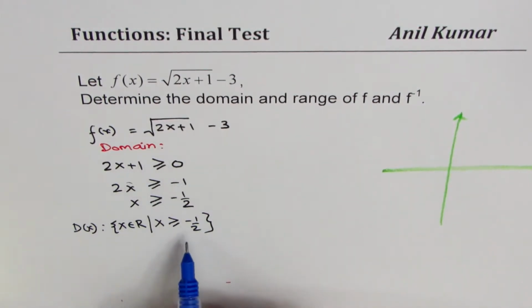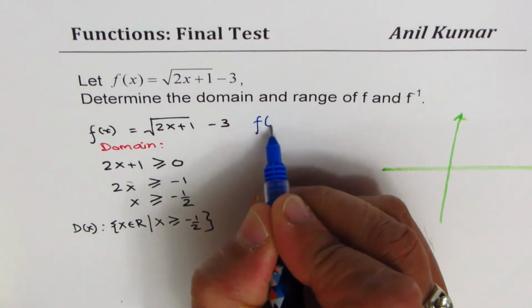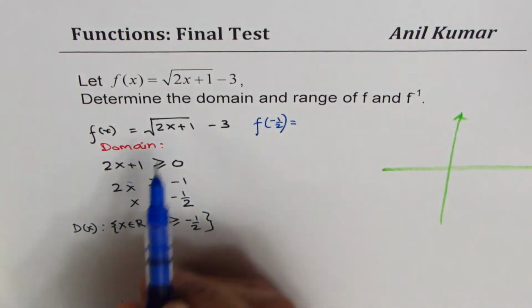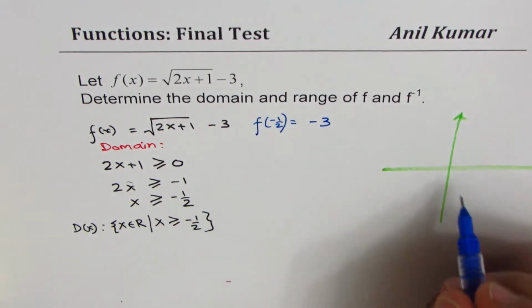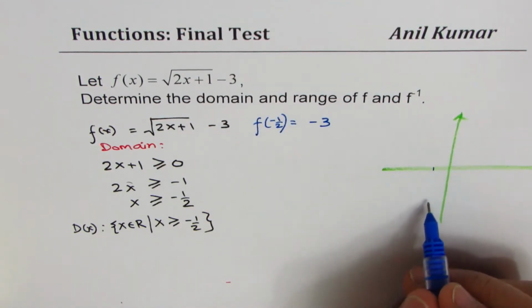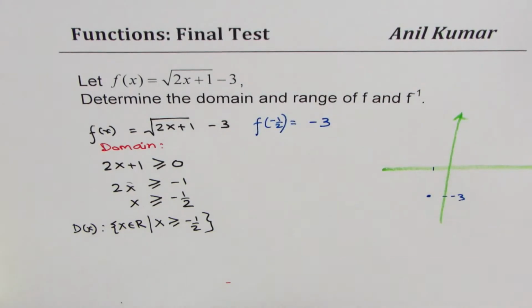So it's a good idea to start with finding the value of this function at minus half. If I substitute minus half, I get 0 here, and that gives me minus 3. So let's say this is minus half for us, and we get a value here, which is minus 3. So that becomes a point.